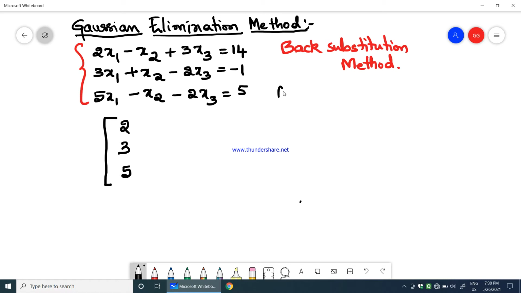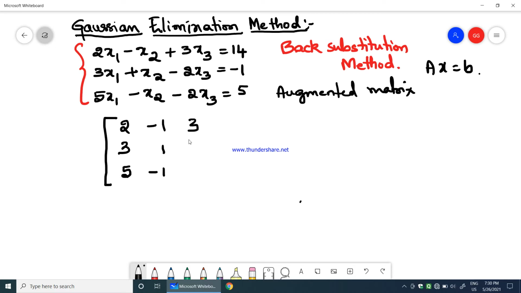This is the AX equals B form, and for that we write the augmented matrix in this way: minus 1, 1, minus 1, 3, minus 2, minus 2, and we put a slash here, and then write the right-hand values: 14, minus 1, 5.